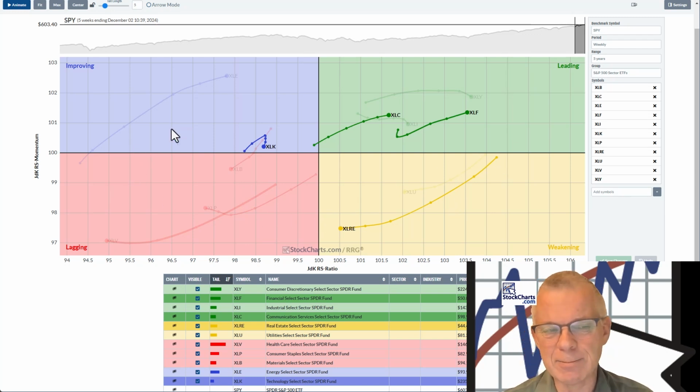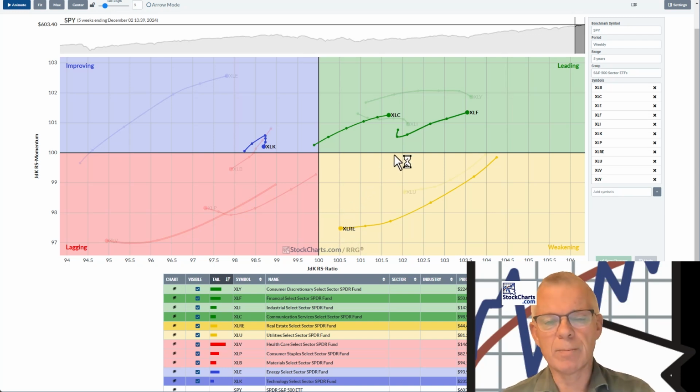It's inside improving on the monthly. With these strong seasonals, what we need to see here is a very rapid turn of real estate back up, preferably while still inside the weakening quadrant. It's probably going to be tight, but still possible for real estate to turn back up and move its way back into the leading quadrant.